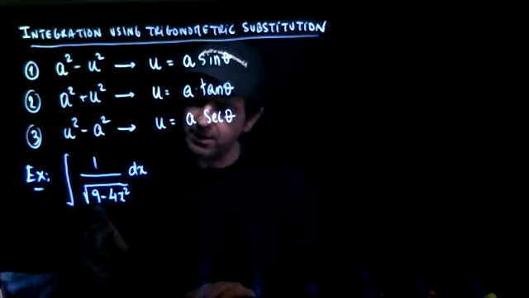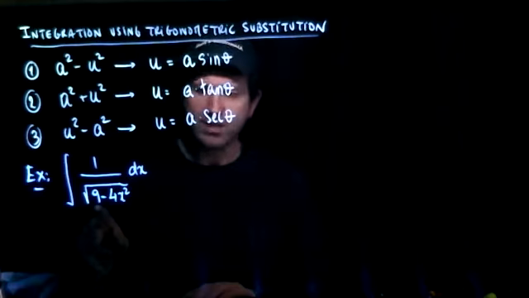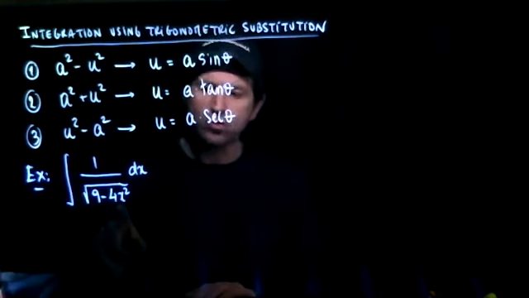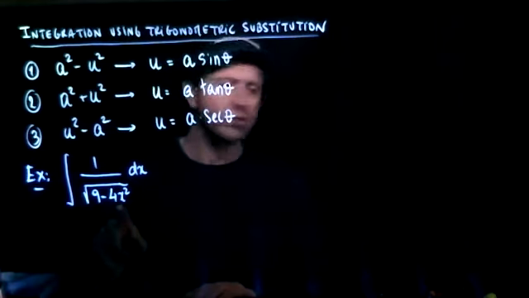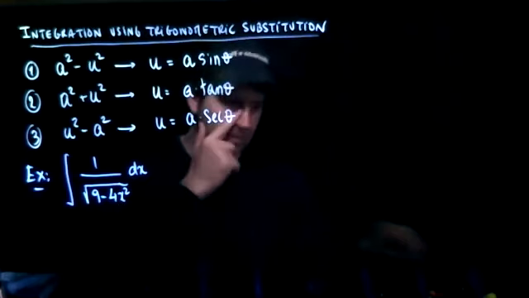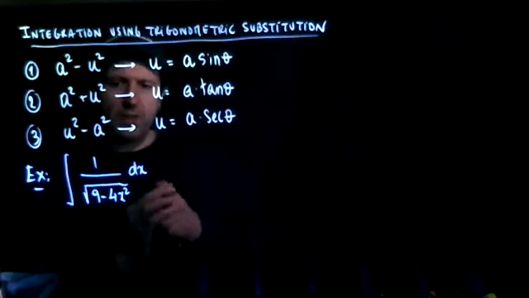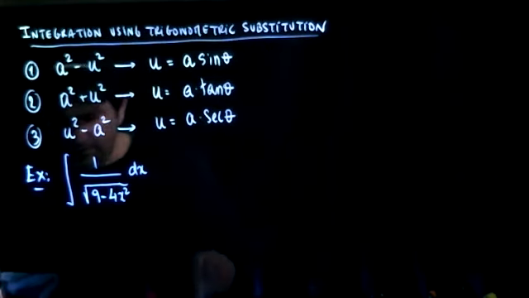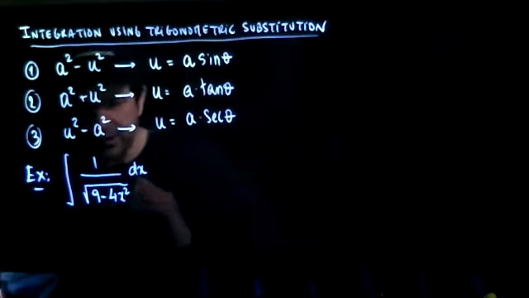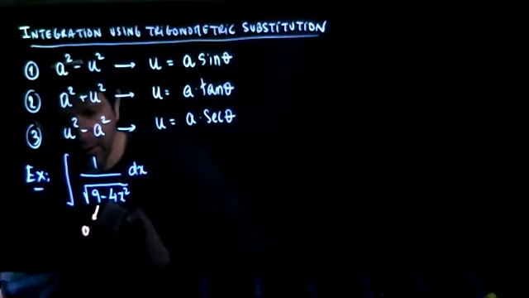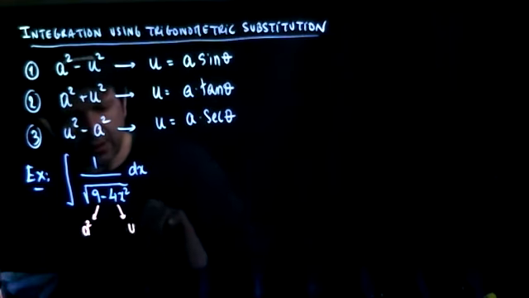So A squared is 9, so A is 3, and U squared is 4x squared, so U is 2x. So if you want, this is like A squared, and this is like U squared.